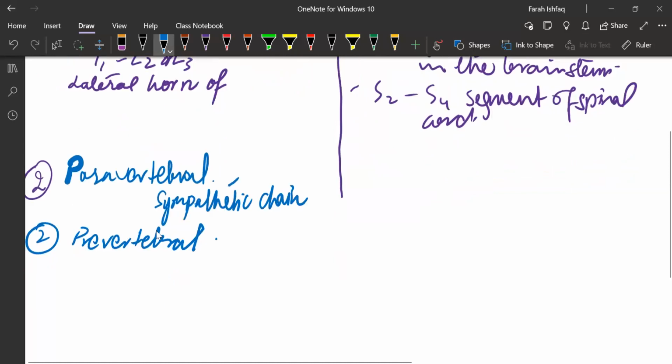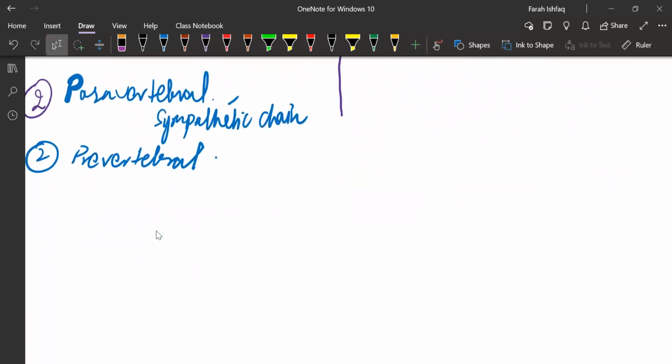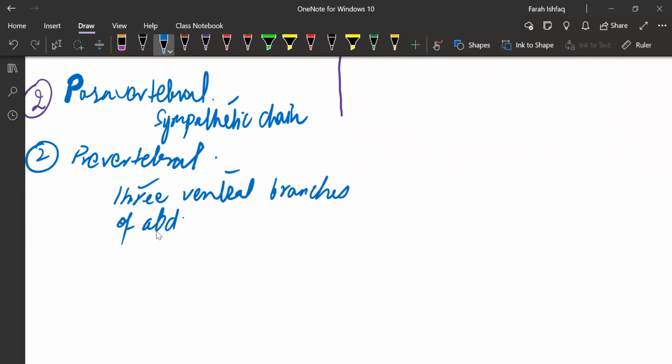And number two, prevertebral ganglia. These prevertebral ganglia are located at the origin of the three ventral branches of the abdominal aorta: the celiac artery, the superior mesenteric artery, and the inferior mesenteric artery.